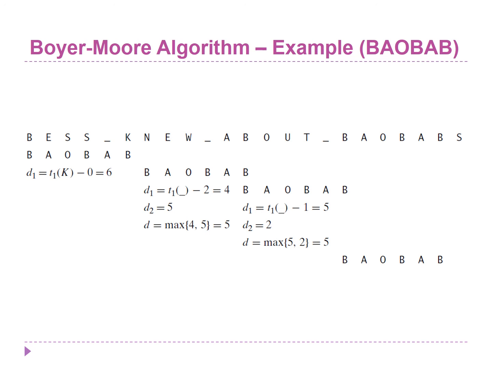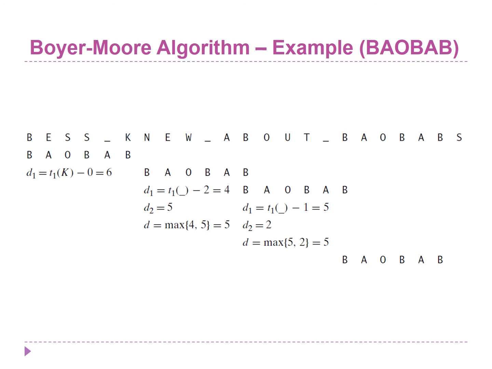Again, the match is found for the last character B, but the second character A finds a mismatch with underscore. Hence d1 is calculated with t1 of underscore minus 1, which equals 5, and d2 equals 2.